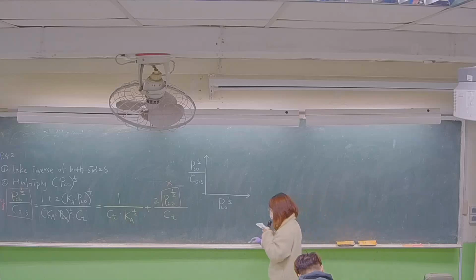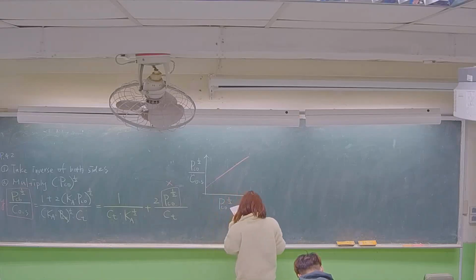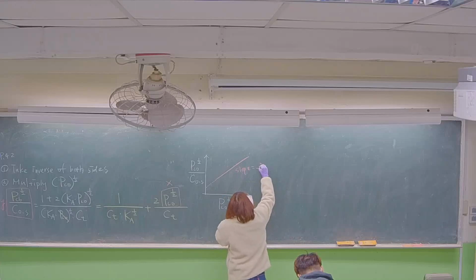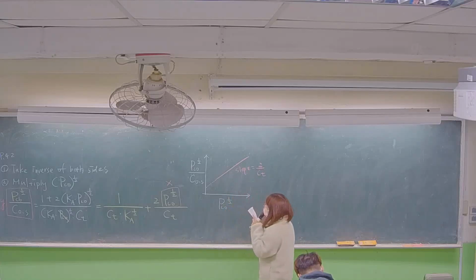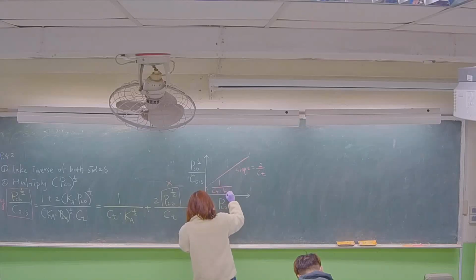For this one, we got a line, and maybe you can have an intersection, and the slope of this line is 2 over CT. The x intersection here, and the y intersection is this one.